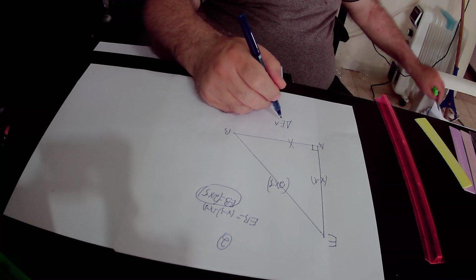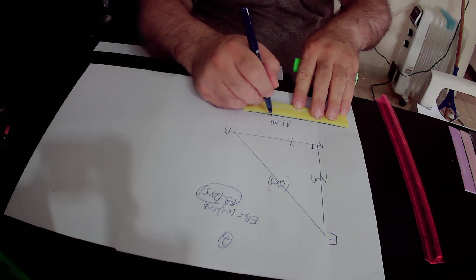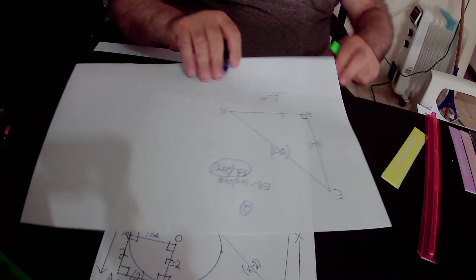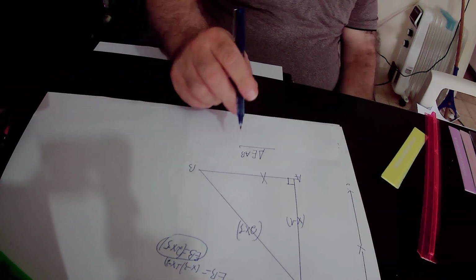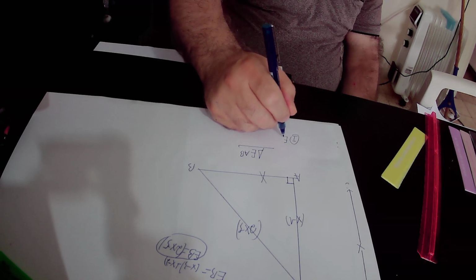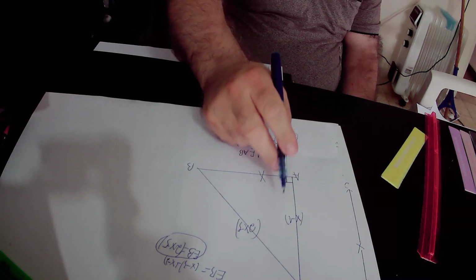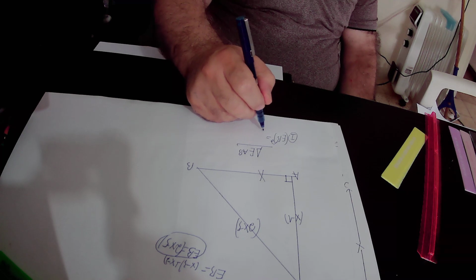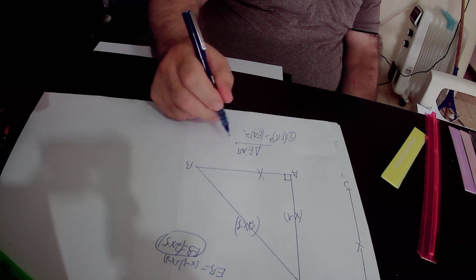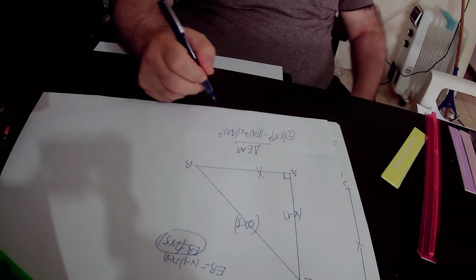According to the Pythagoras theorem, the square of the hypotenuse equals the sum of the squares of the perpendiculars. So here the hypotenuse is EB and the square of the hypotenuse is EB square. That is equal to EA square plus AB square.